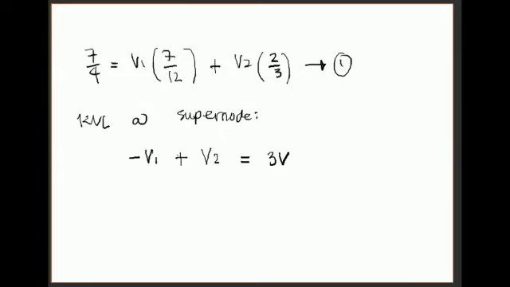Or we can rewrite this as V1 minus V2 equals negative 3. And this is our equation 2.